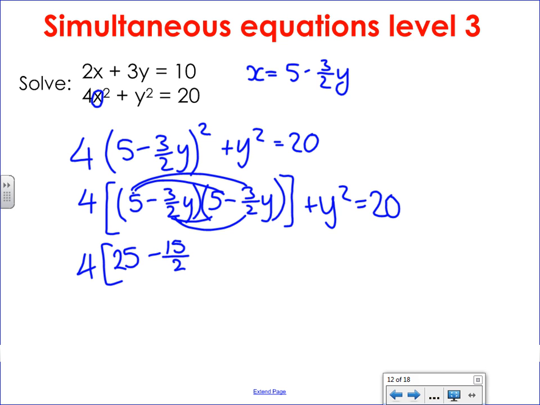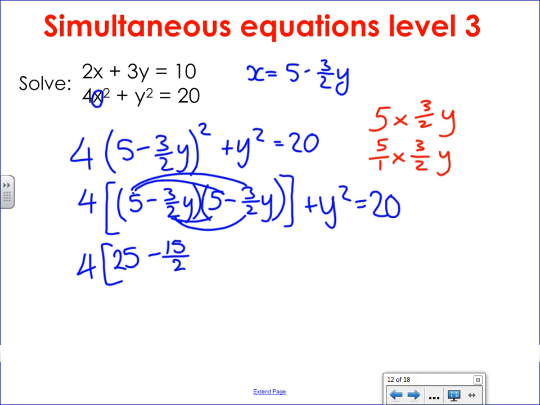It might be worth me just explaining how you did that so quickly, because sometimes students struggle with this. 5 times, I mean it's negative, but ignore that for a minute, 3 over 2y. Fractions times fractions, students are fine with. Whole number times fractions sometimes can be a bit confusing, so the easiest thing is to think of it as a fraction times a fraction times y.